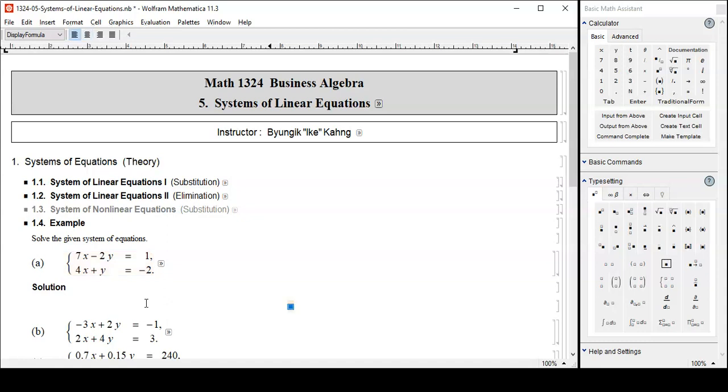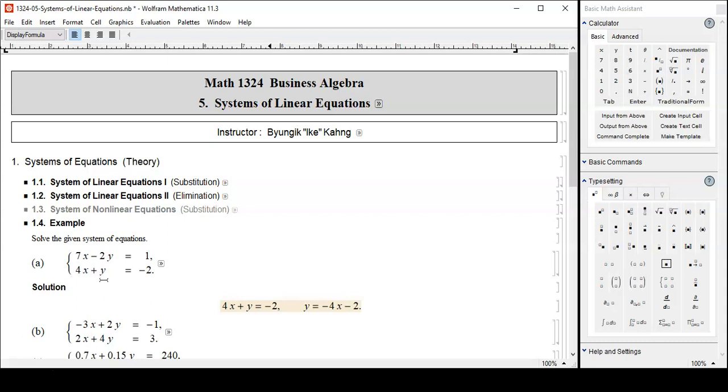I hope everybody got correct response. From the second equation, 4x plus y equals -2, solving for y equals -4x minus 2. Why did I select y from the second equation? Look at the coefficient. 7, 2, 4, this is 1.